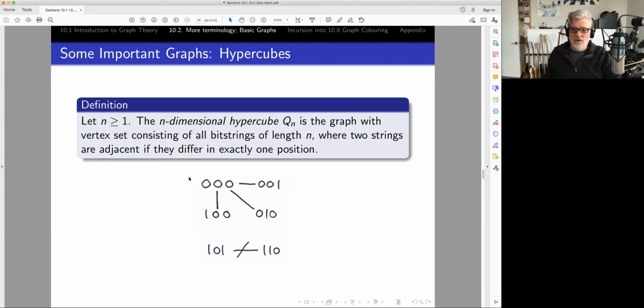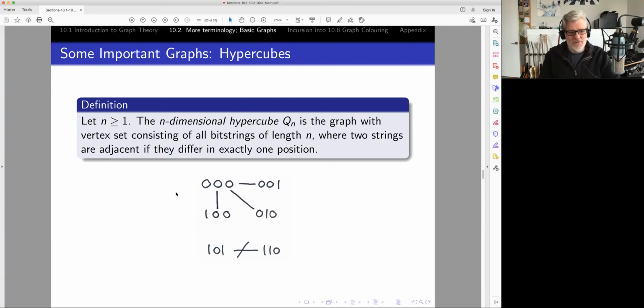So I don't know at what point you lost this, but did I give you the definition of hypercube? I think you should start hypercubes again. Okay, so let's do that again. Taking a positive integer n, we're going to define for each n something called the n-dimensional hypercube, denoted by Qn.